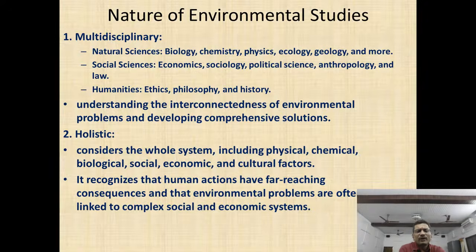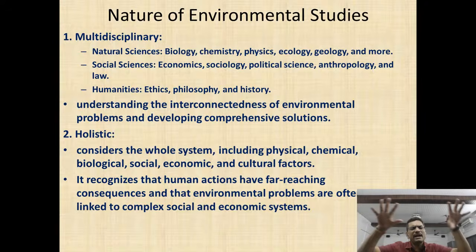Environmental studies is very holistic. It doesn't take into consideration only one aspect of the environment. It takes into consideration physical, chemical, biological, social, economic, and cultural factors together. All dimensions are considered, and it tries to identify solutions to environmental problems taking all these factors into account.